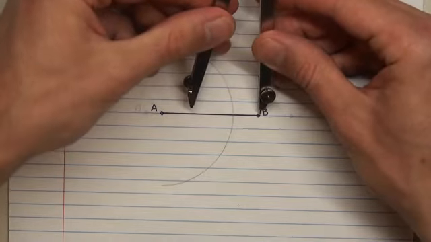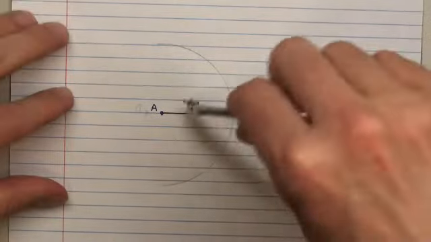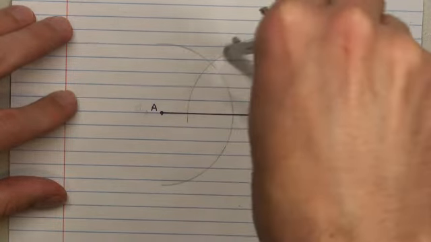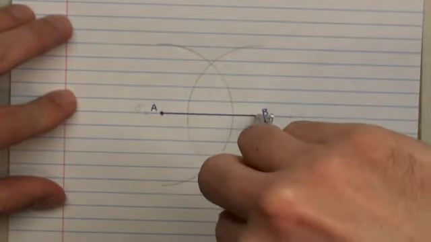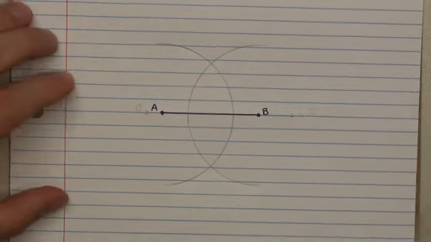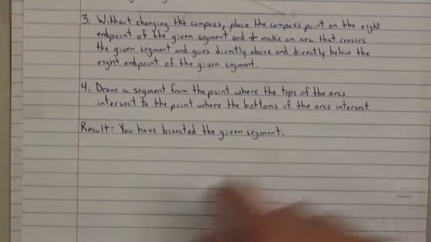I haven't changed anything. I'm just putting my point here, and I'm going to draw an arc that crosses the segment and goes directly above and directly below the right end point. Okay? And let's look at the last step.